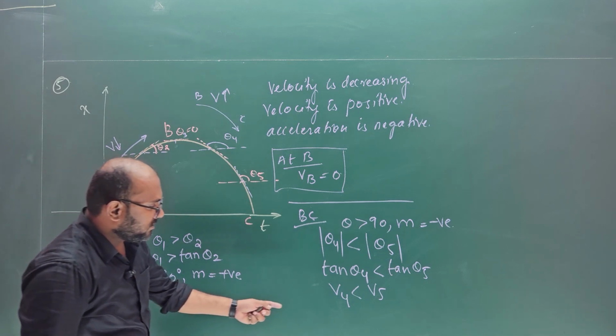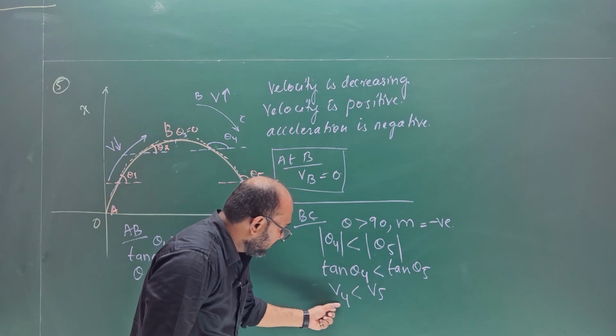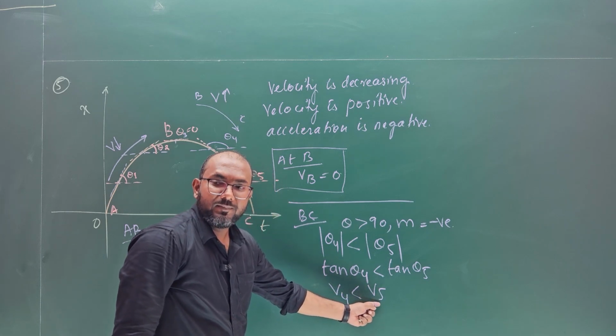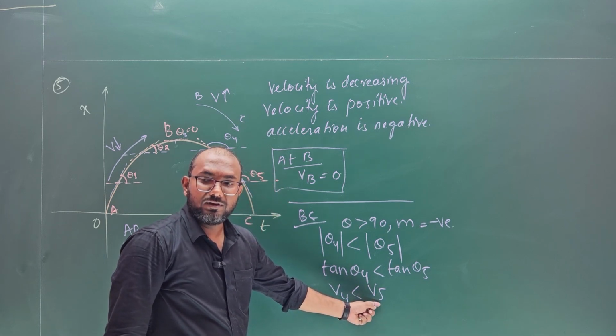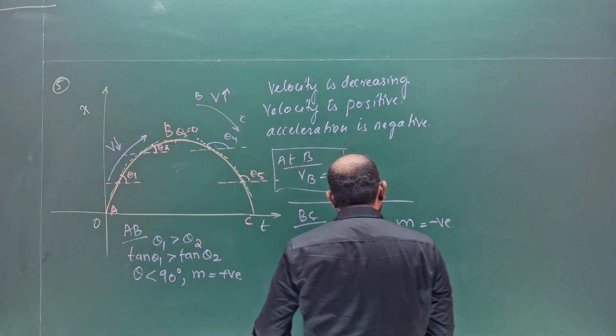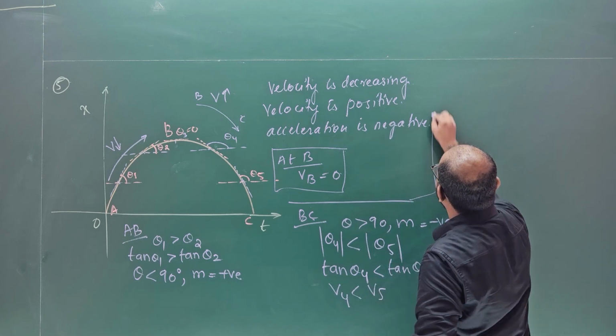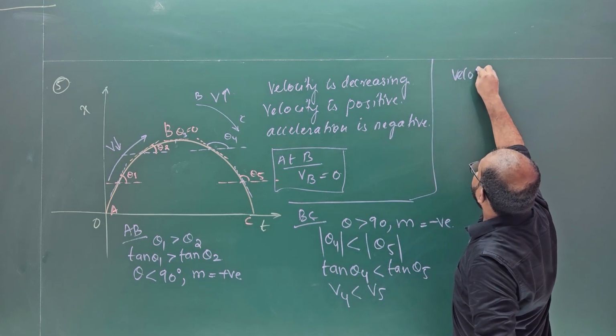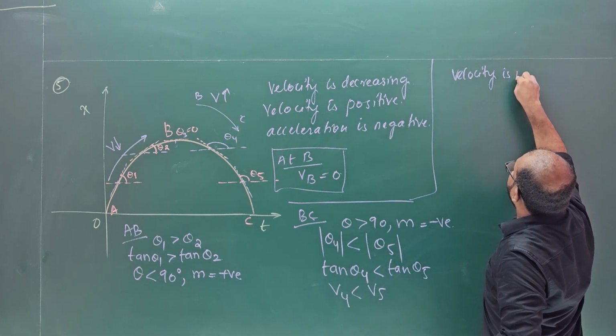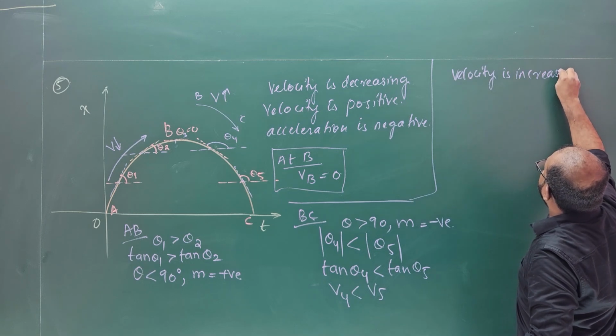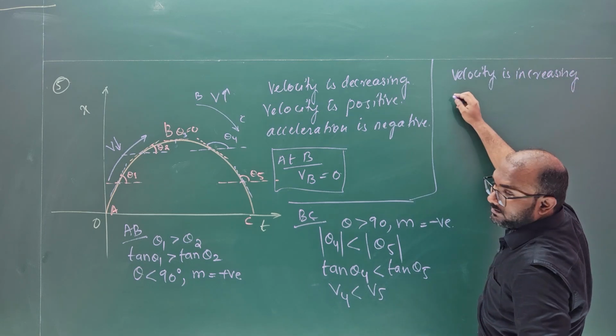Okay, then can I also say that if V4 is smaller than V5, is acceleration positive or negative? Acceleration will be along the direction where the body is going, in this direction. So velocity is increasing, but going in which direction?